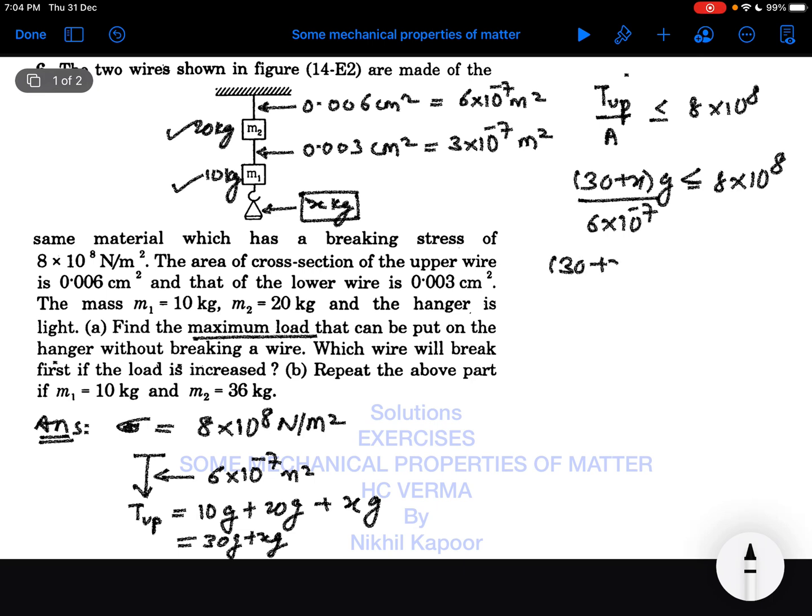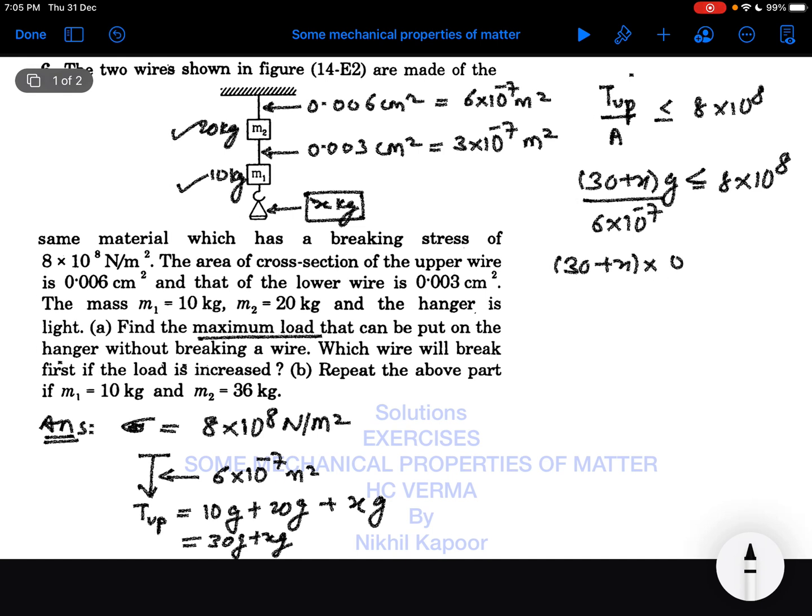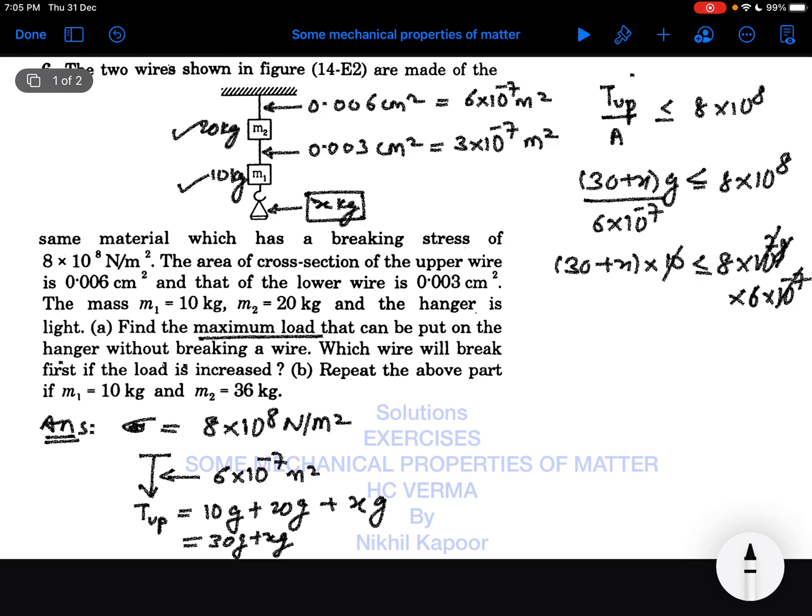So (30 plus x) into the value of g, which is approximately 10, so I'll put 10 here, should be less than or equal to 8 into 10 to the power 8 into 6 into 10 raised to minus 7. This 10 and 10 cancel, so this becomes 10 raised to plus 7, and 10 raised to minus 7 will get cancelled. So 30 plus x must be less than or equal to 48. So x should be less than or equal to 48 minus 30. So x should be less than or equal to 18 kg.